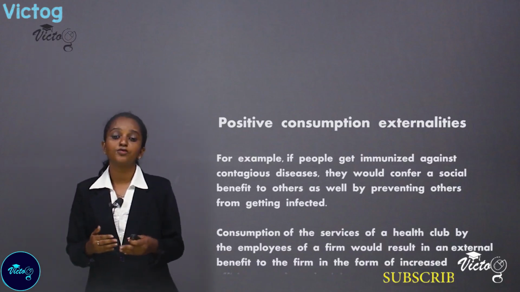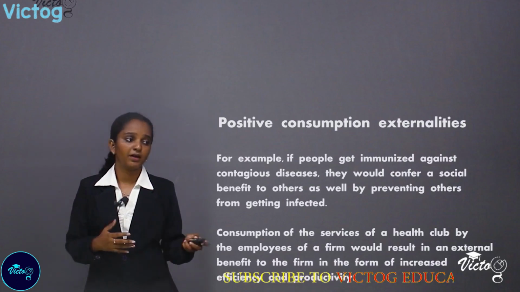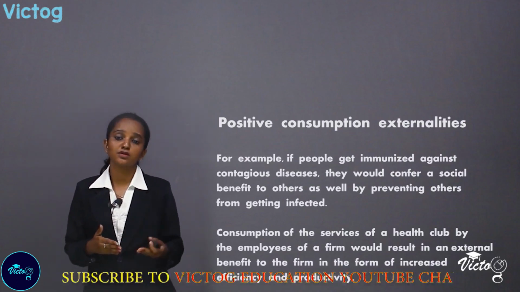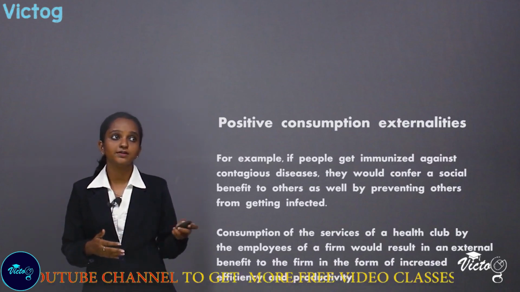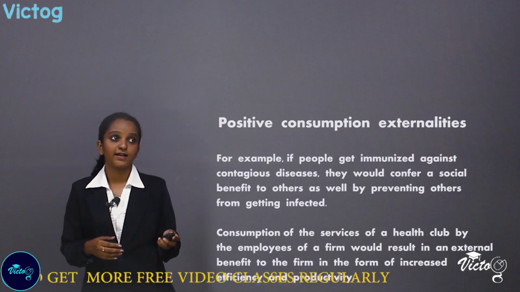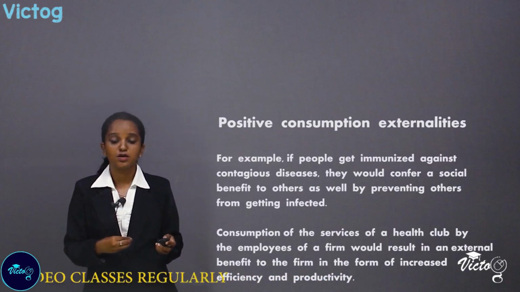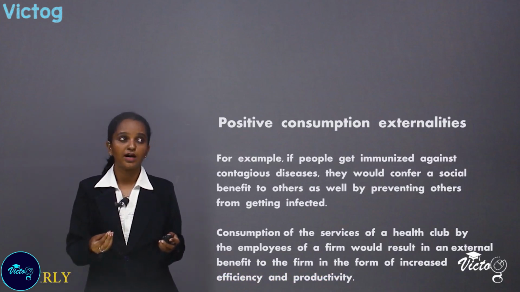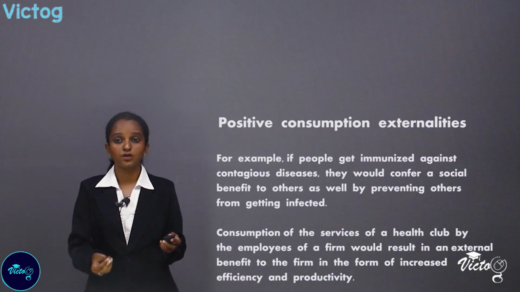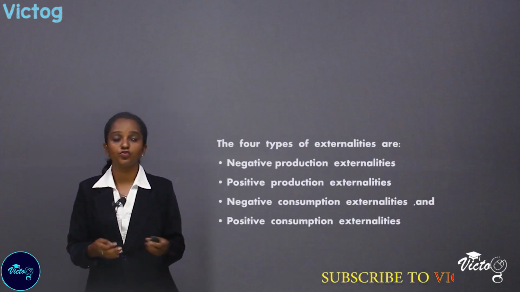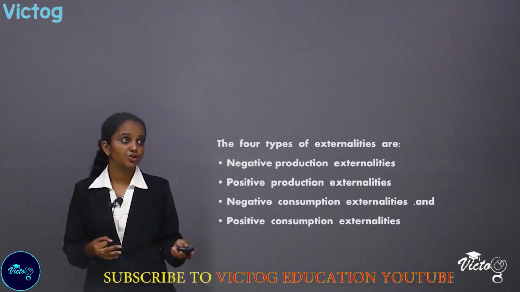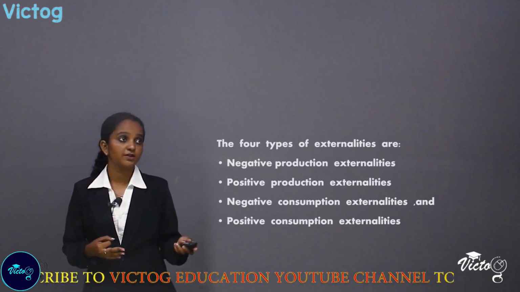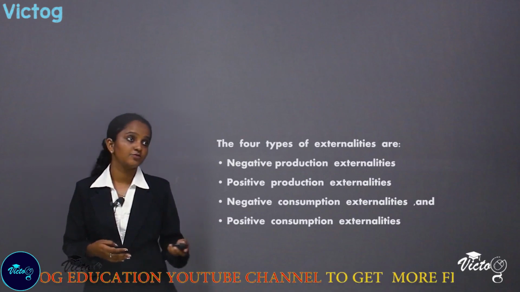And if employees of a firm go to a health club, this would result in increasing the productivity of the worker. All these are positive consumption externality. The consumption of a particular good leads to others benefiting from your consuming it. So externalities can be divided into four major kinds: negative production externality, positive production externality, negative consumption externality, and positive consumption externality.